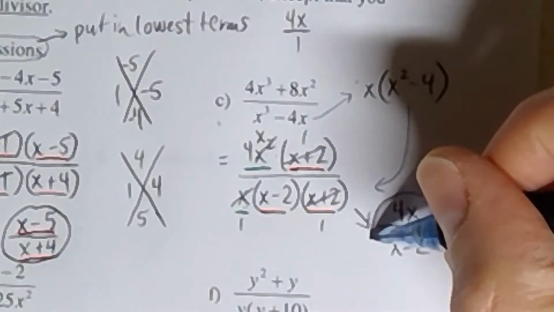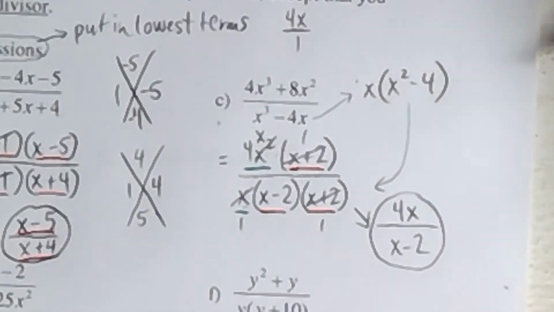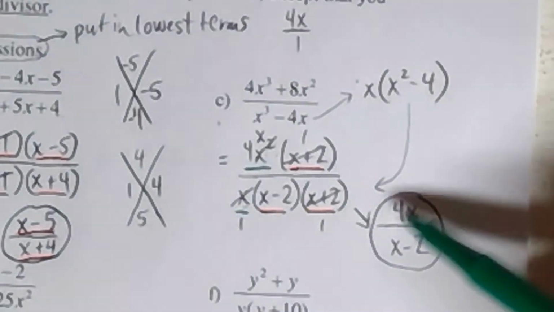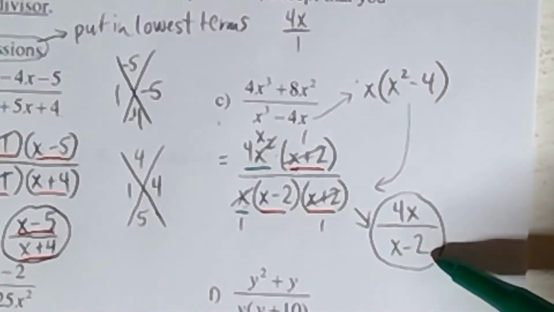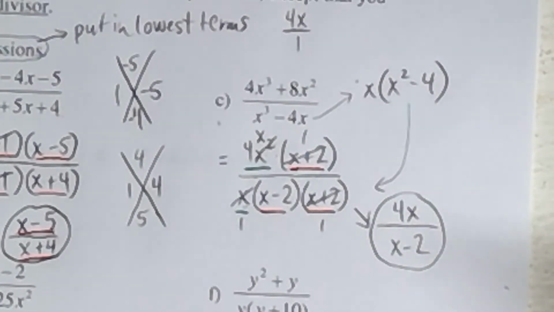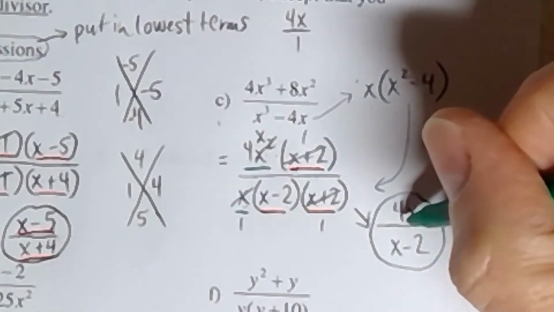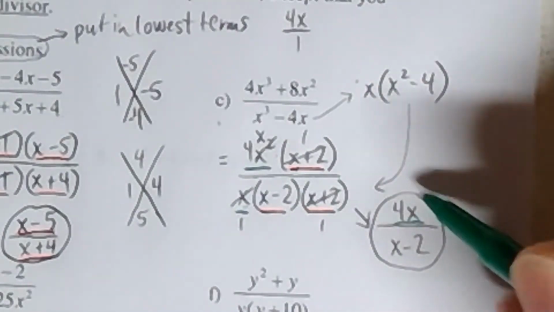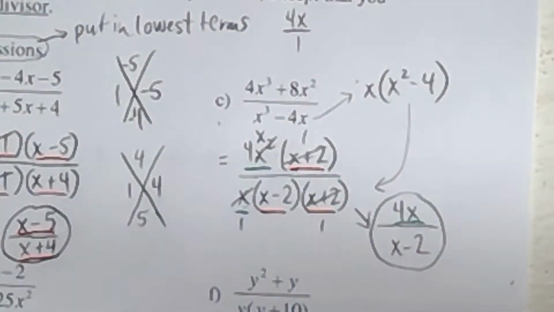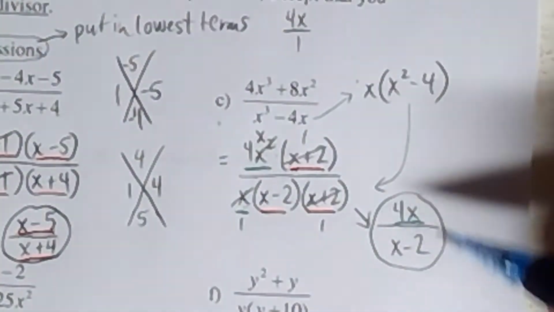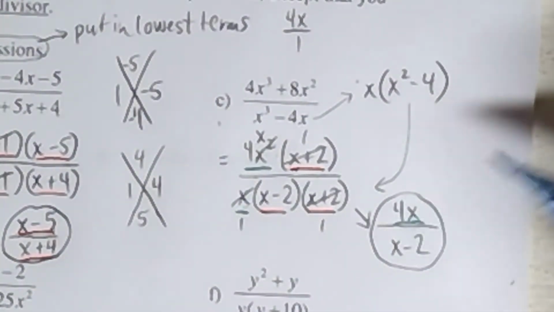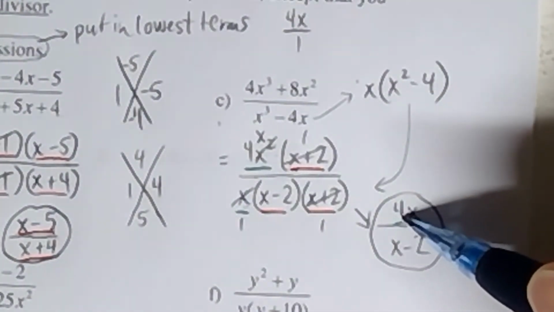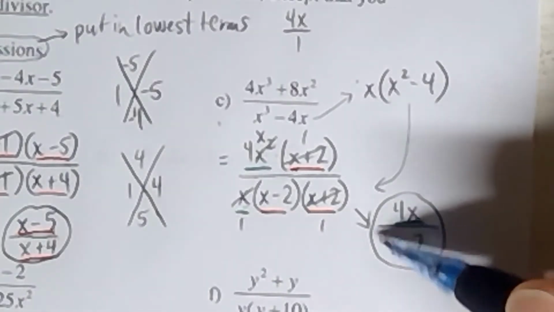Oh, but I'm really tempted to cancel the x's here, or maybe even the 4 and the 2. No, again, you can't. If you're unsure about whether or not it's in lowest terms and you're thinking about canceling some stuff still, remember, treat this like it is the beginning of the problem.